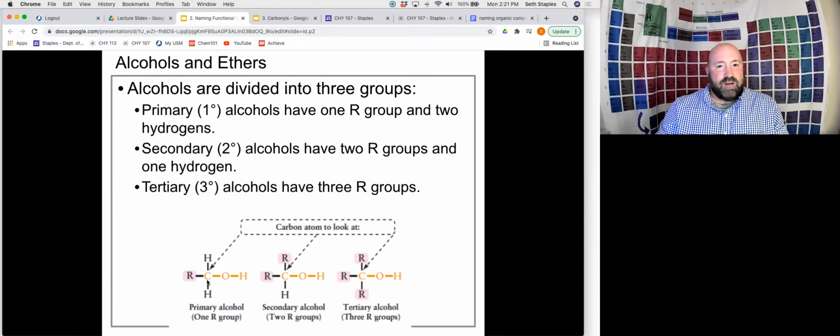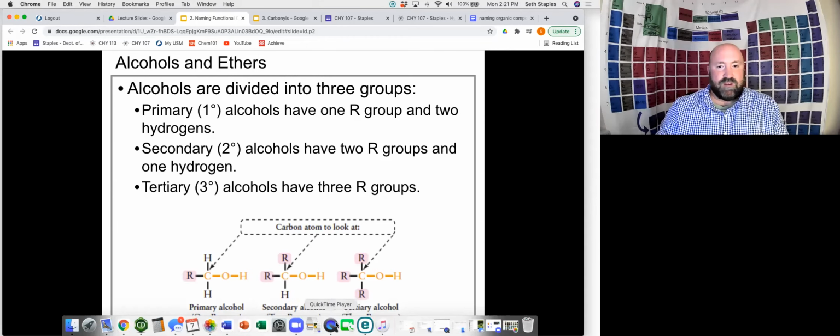If that carbon only has one other R group attached to it and two hydrogens, that's a primary alcohol. If that hydroxyl carbon has two R groups attached and one hydrogen, that's a secondary alcohol. If now that hydroxyl carbon has 1, 2, 3 R groups attached and no hydrogens, it's a tertiary alcohol.